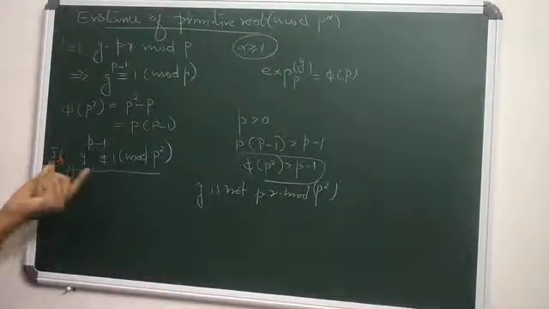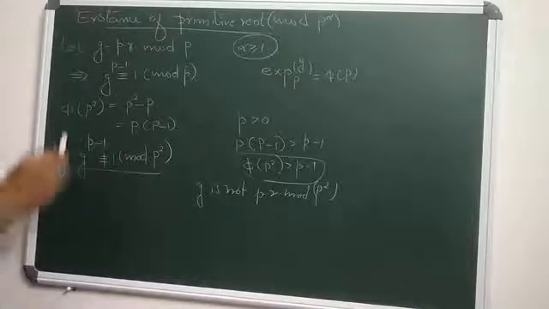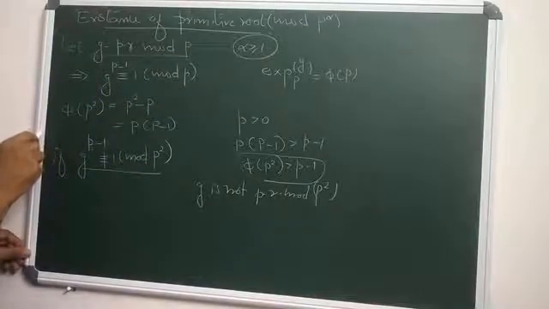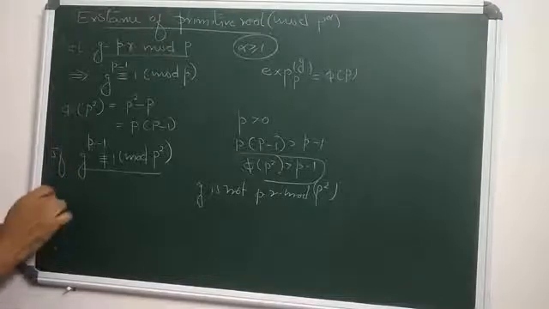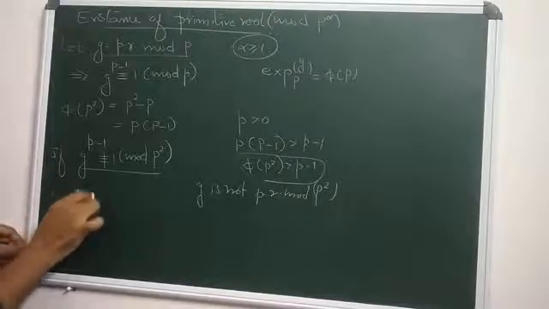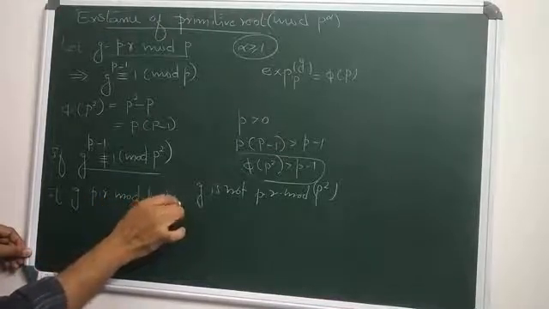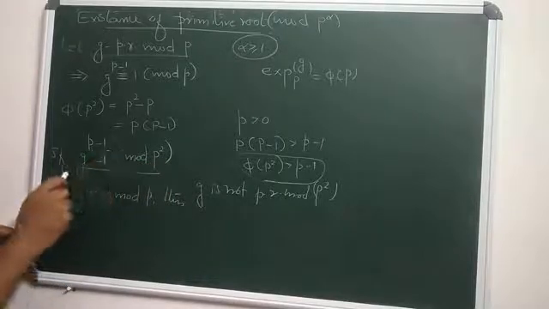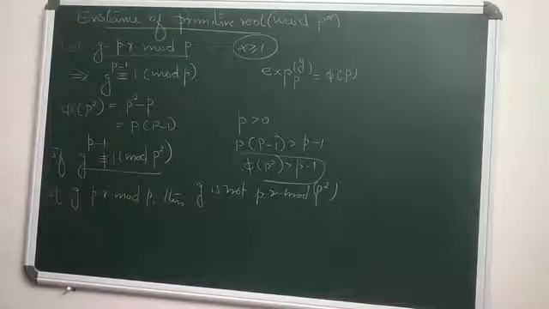That is, g is a primitive root mod p. This is the condition. If g is a primitive root mod p, then g is a primitive root mod p square only if g to the power p minus 1 is strictly incongruent to 1 mod p square.